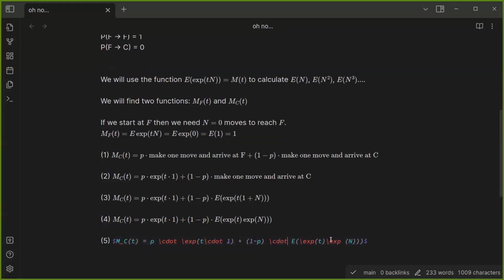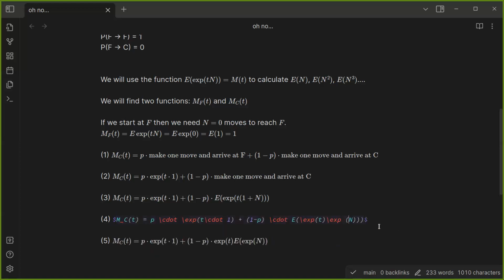And I will give you the chance to solve it. I have a little bit more brackets than needed. Okay. So I have, sorry, tn here and tn there.